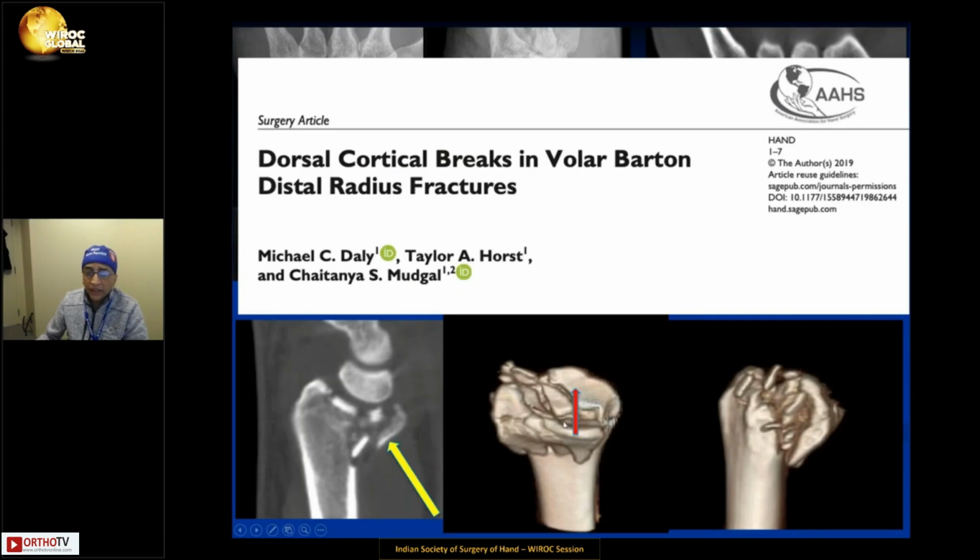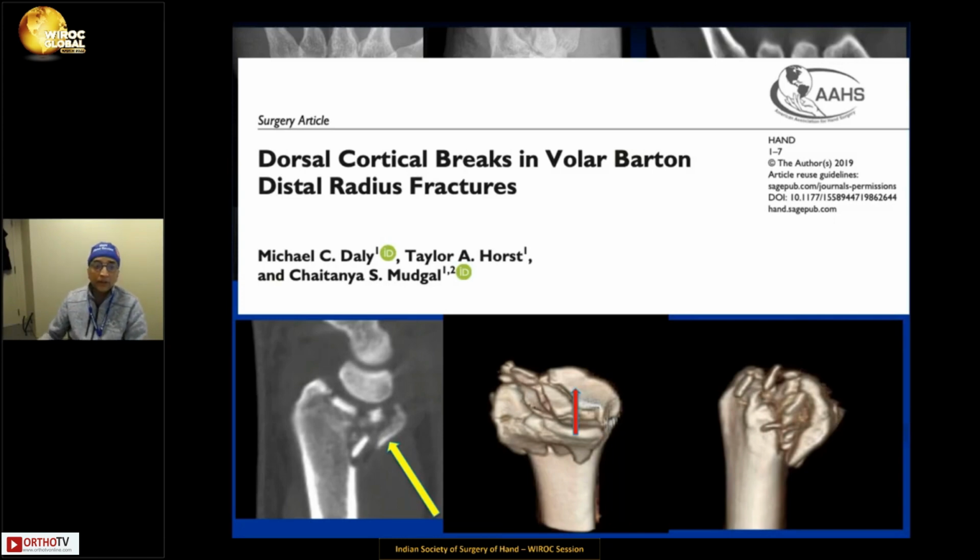Now, you can sometimes see these volar marginal fractures also, which will be comminuted. Now, traditional teaching has been a volar Barton or volar marginal fracture is usually one fragment. We looked at about 45 of my cases, and we found that it is almost not the case most of the time. About 3/4 of the time, the volar marginal fracture is multifragmentary, and about 3/4 of the time, there is some element of articular depression.